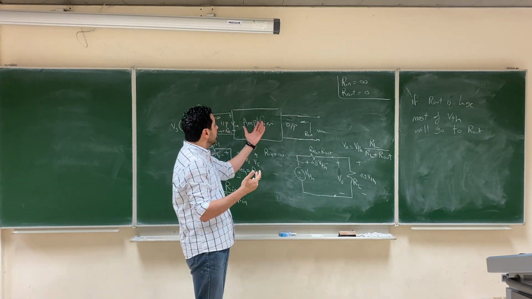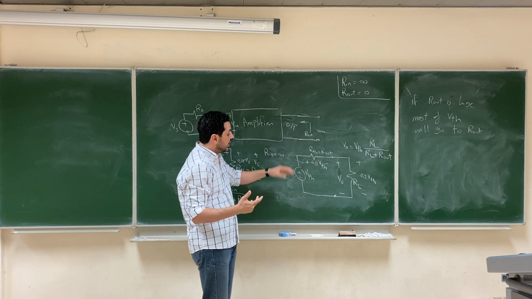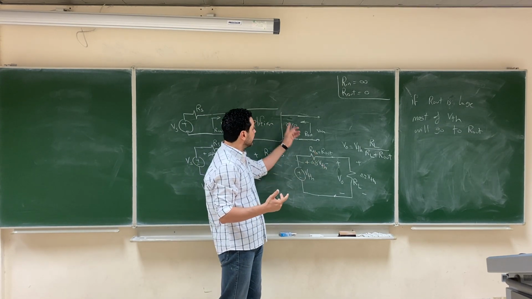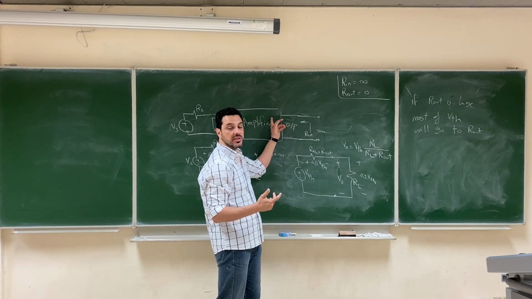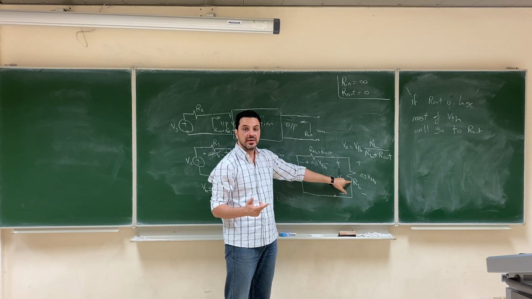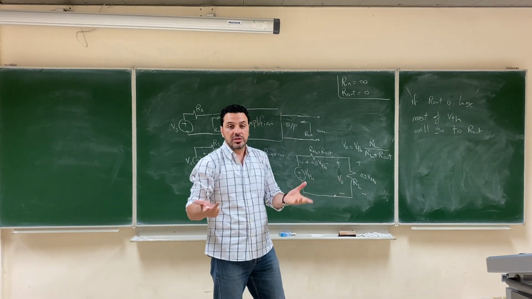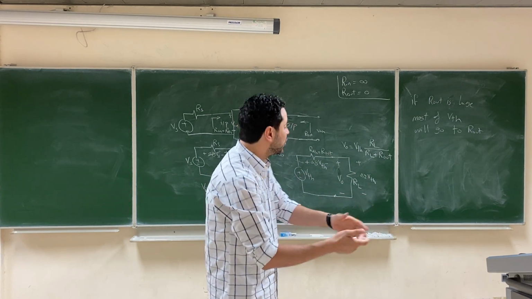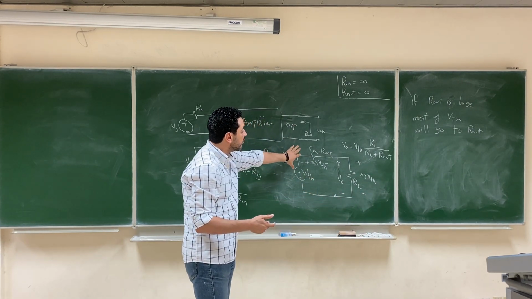Why? Because we use this amplifier to amplify the voltage, and after we amplified the voltage, we wasted a big part of it on the output resistance of the amplifier, and only a small part went to the load. This doesn't make sense, right? Because the purpose is to amplify the voltage and give it to the load, not to waste it on some other output resistance.